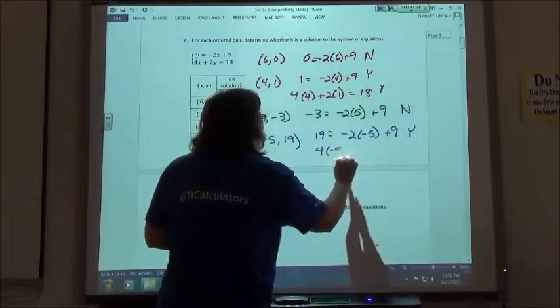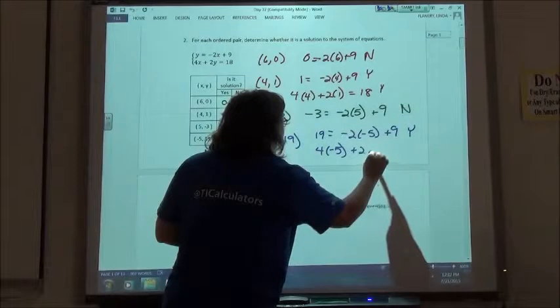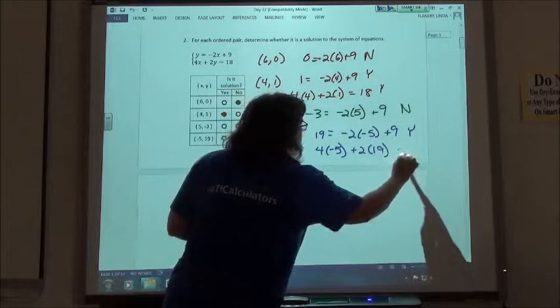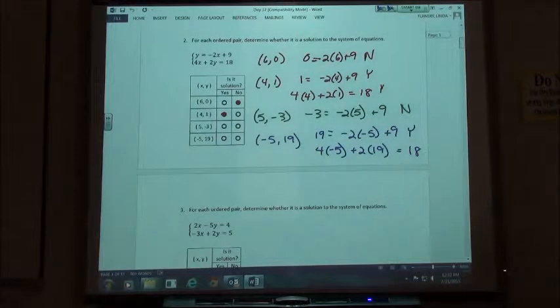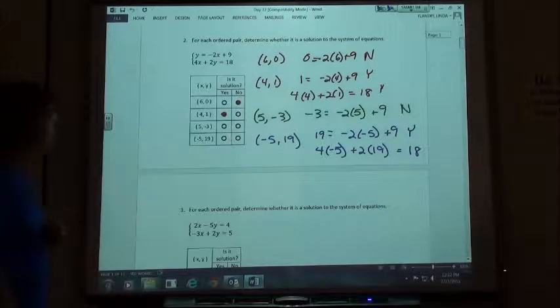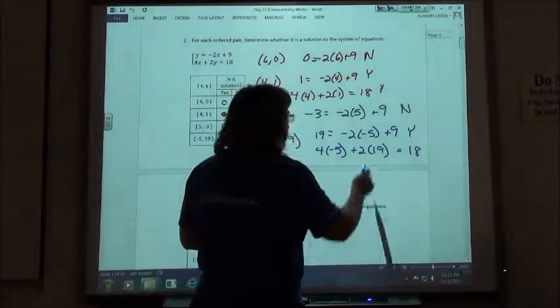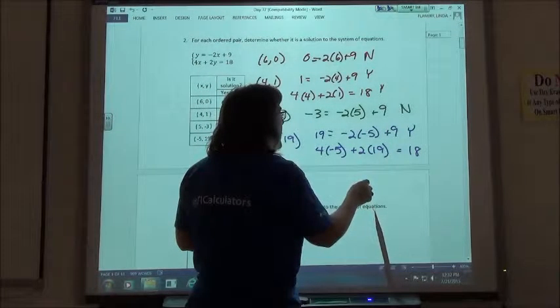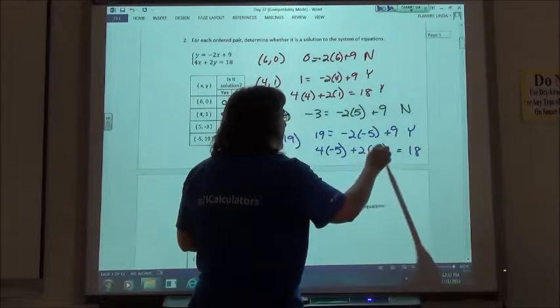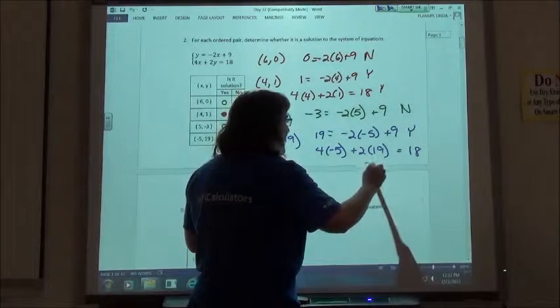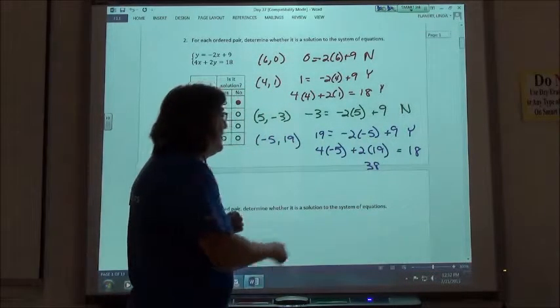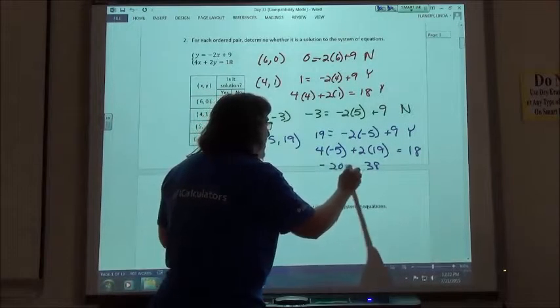Since that's a yes, we better try it in the second equation. So 4 times the x value of negative 5 plus 2 times the y value of 19. Do we get 18? Two times 19 is 38, right? 4 times negative 5 is minus 20.